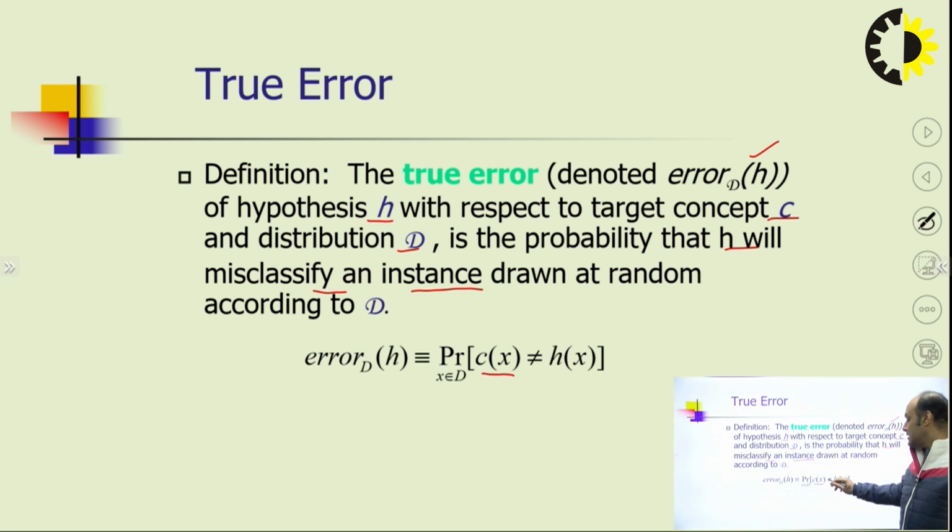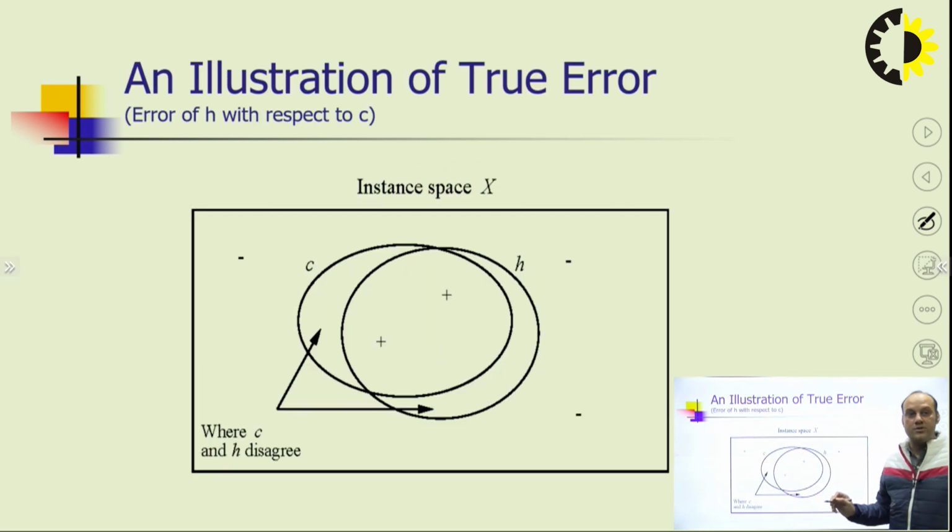So the error is defined as the probability of misclassifying an instance drawn at random according to D. So we are randomly drawing an instance from capital H. This equation can also be represented using a diagram.